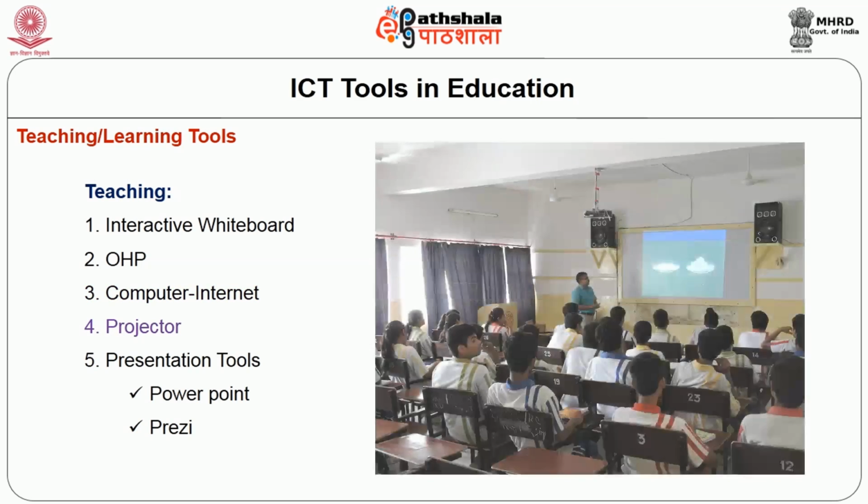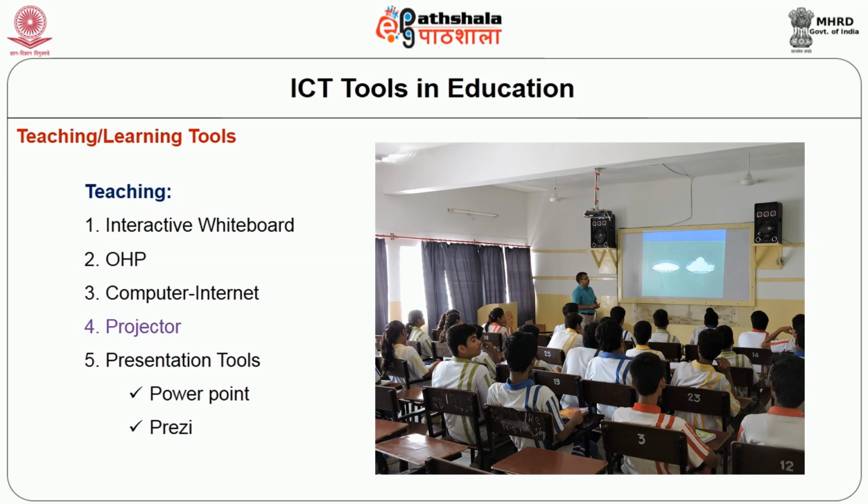Projector. A projector is an output device that can take images generated by a computer or Blu-ray player and reproduce them onto a screen, wall or other surface. Typically, the surface projected onto is large, flat and lightly colored.